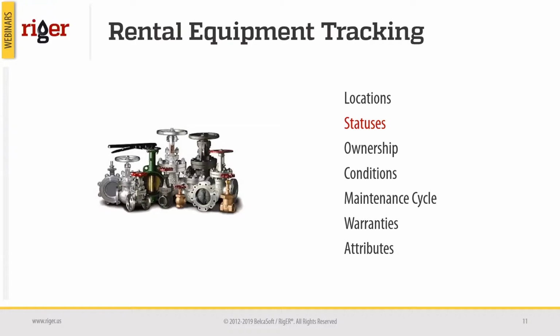Maintenance cycle is another thing: when the last maintenance was for this particular unit and when the next maintenance should be scheduled. Warranties are another thing we need to track as well, and all other attributes could be an issue. But today we will talk about statuses, and we will present statuses from a practically different angle.